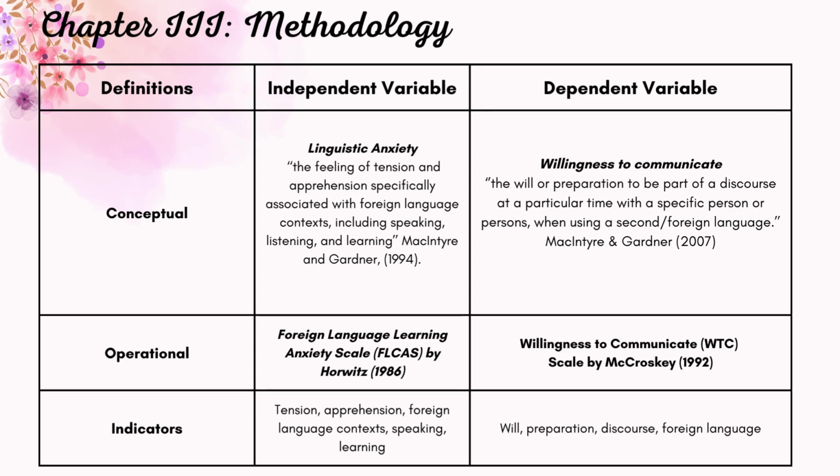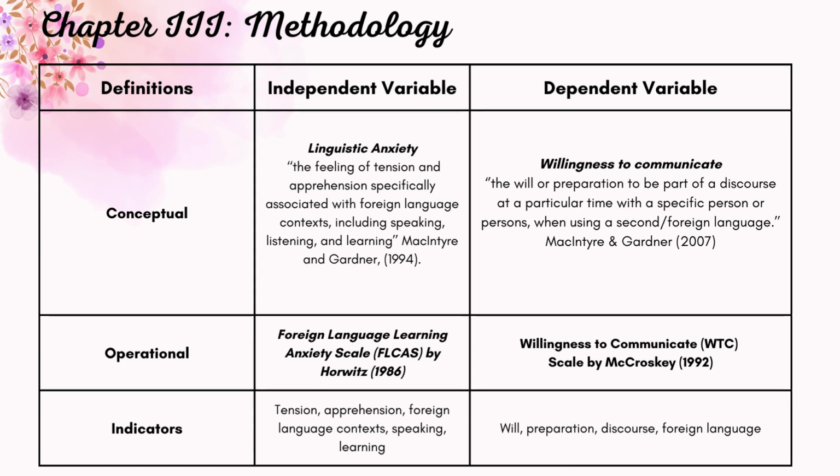The dependent variable will be willingness to communicate, the will or preparation to be part of a discourse at a particular time with a specific person or persons when using a second or foreign language, as McIntyre and Gardner said in 2007. The operational definition would be the Foreign Language Classroom Anxiety Scale, developed by Horwitz in 1986. Then the operational definition of the dependent variable will be the Willingness to Communicate scale by McCroskey in 1992.